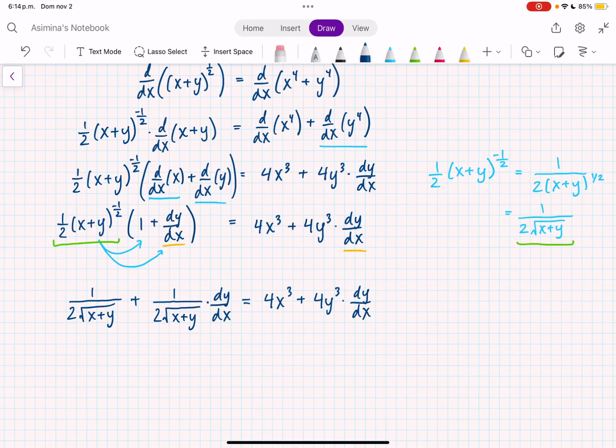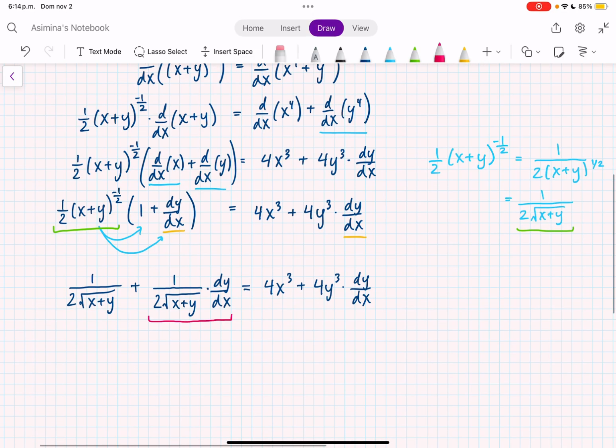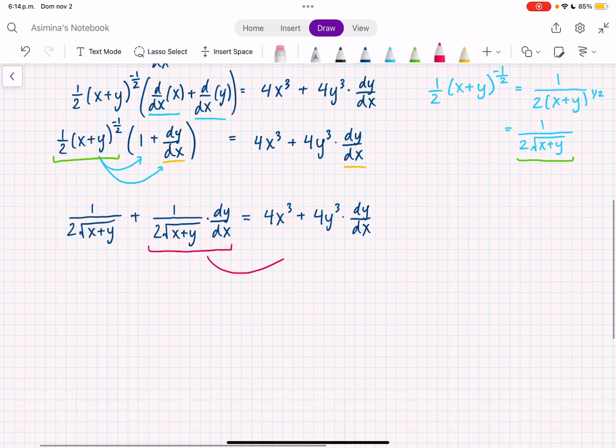Now I'm going to want to isolate dy/dx, so what I can do is subtract this from both sides. So the idea now is that I'm going to want to move this here and then move the 4x cubed here.